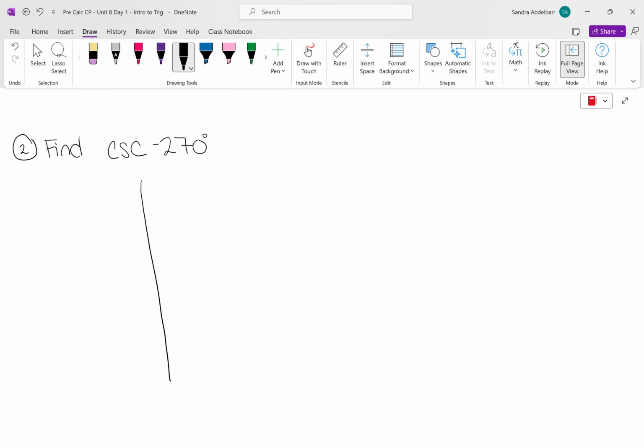Okay, so what we want to do is figure out where this is. Now we know this is 0, 360, 90, 180, 270. But be careful. This is not a positive 270. This is a negative 270. So how are we working?